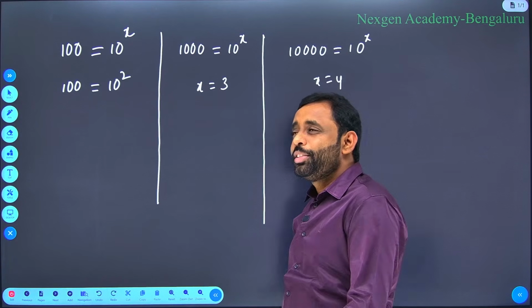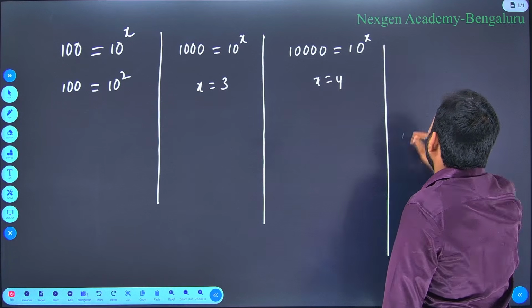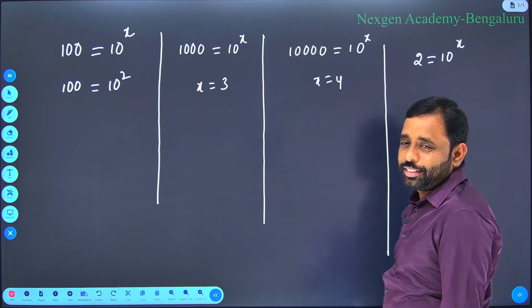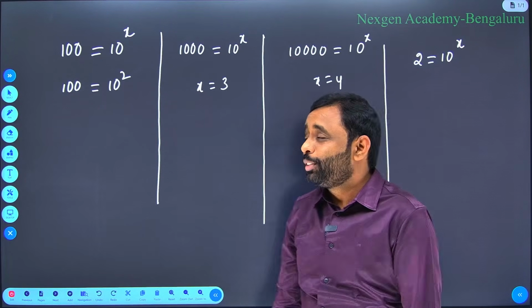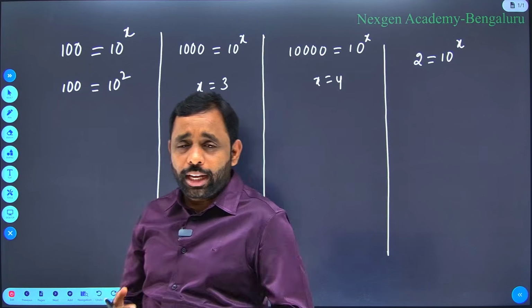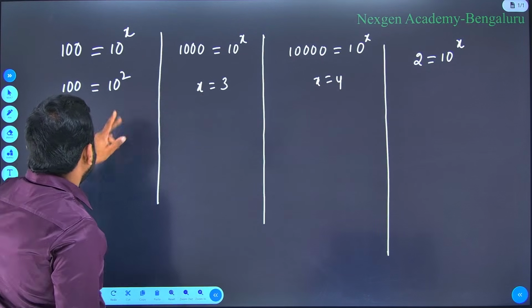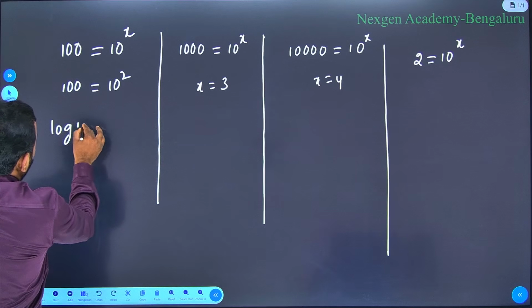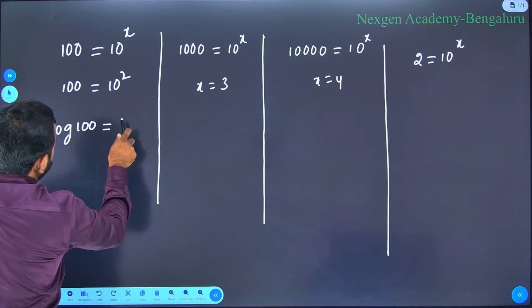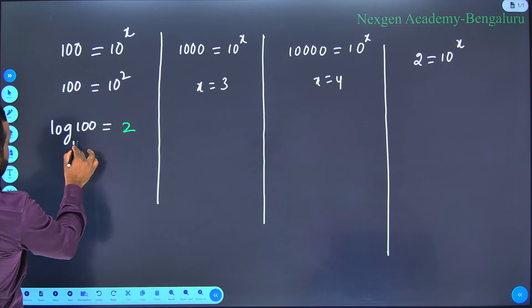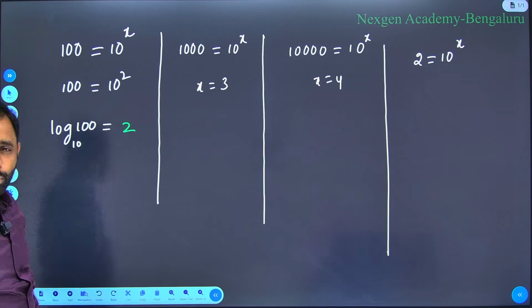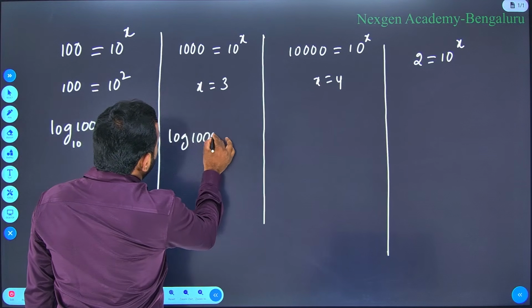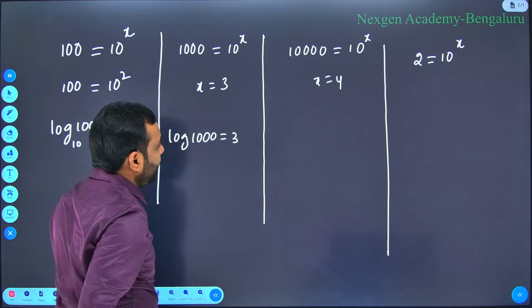Clear, right? The same way, if you wanted to write 2 as 10 to the power of some x, how to find it? That is what the logarithm logic is. So here, log 100 is equal to 2. So base 10 we say, log 100 base 10 is equal to 2. Here log 1000 is equal to 3.